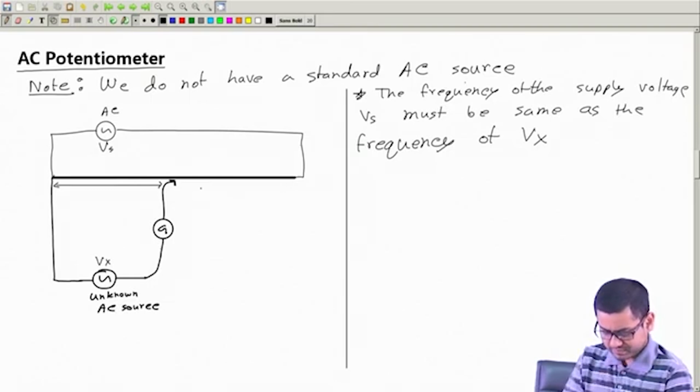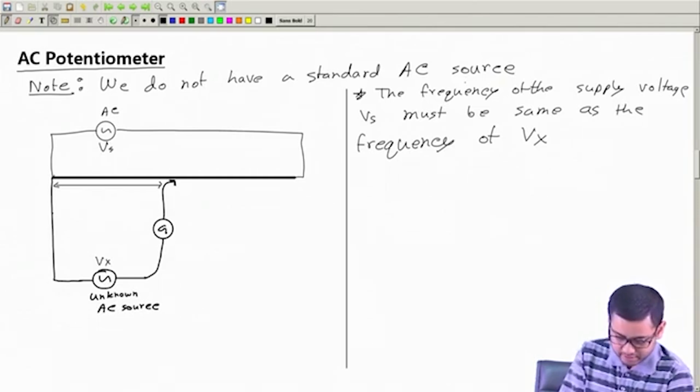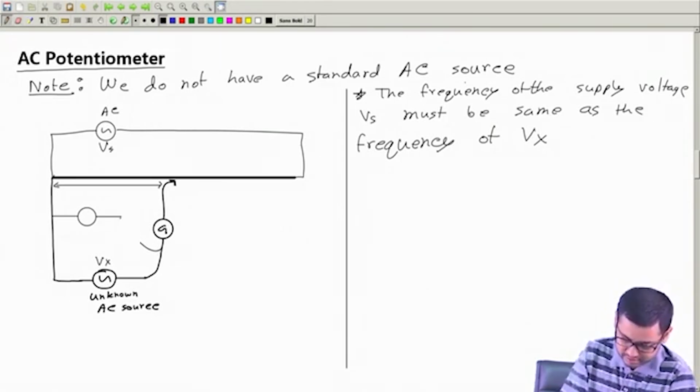Now, you have also seen that in case of DC, we actually use another standard voltage source, and then we first do the standardization by connecting this galvanometer initially to this. So we may have a switch.